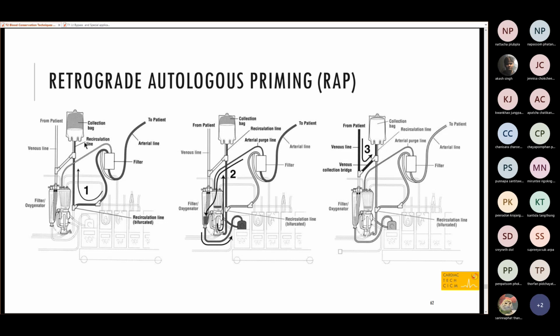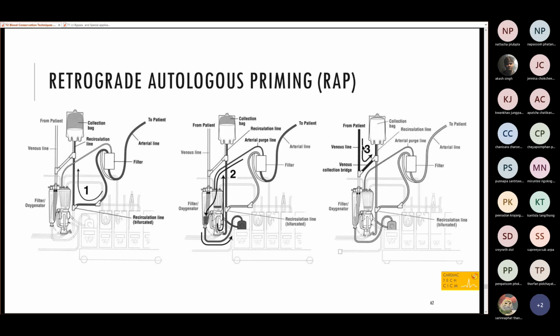When the priming solution reaches here, we can let it out and keep only the blood inside the line. On the other side, we can separate it from the pump line into the reservoir and prime this part of the circuit also.